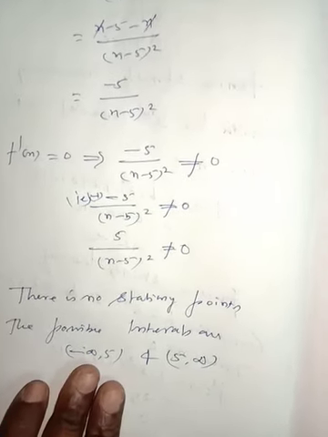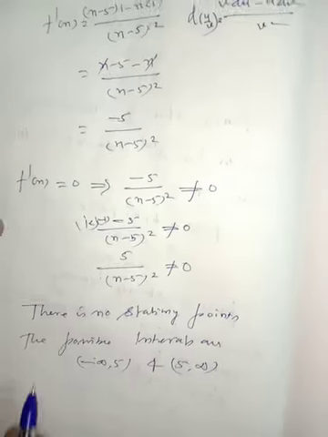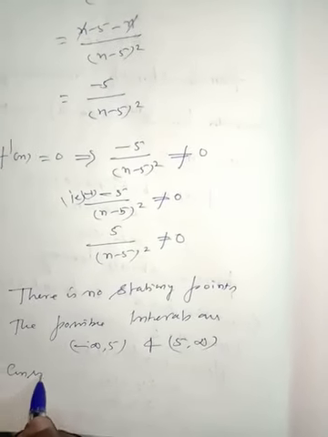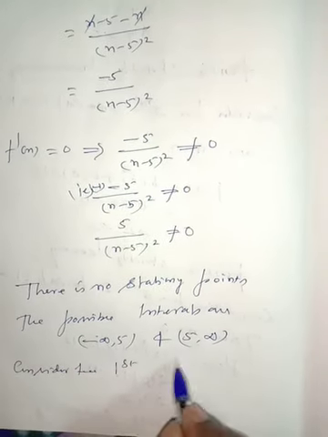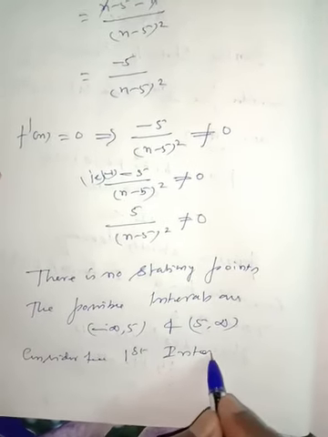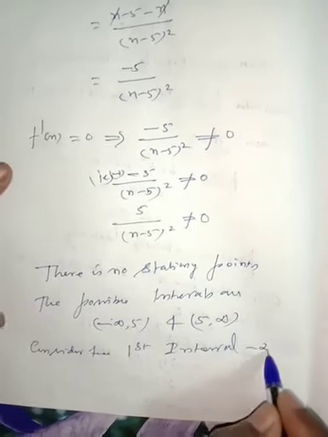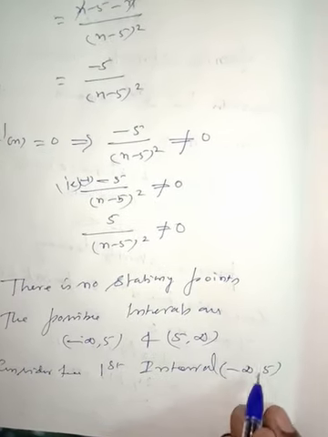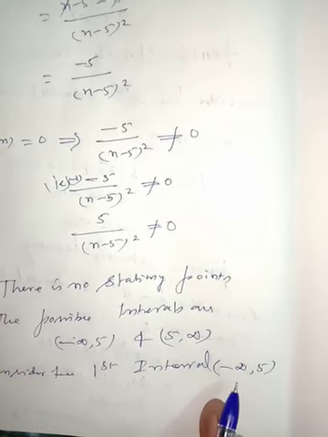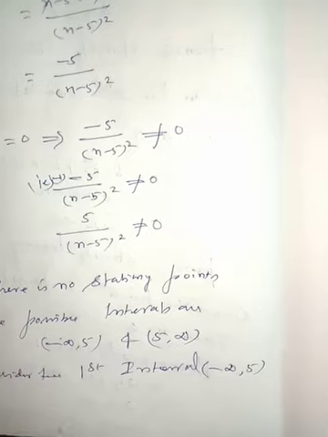Consider the first interval, minus infinity comma 5. Put x is equal to 0, or 1, 2, 3, 4, any one.